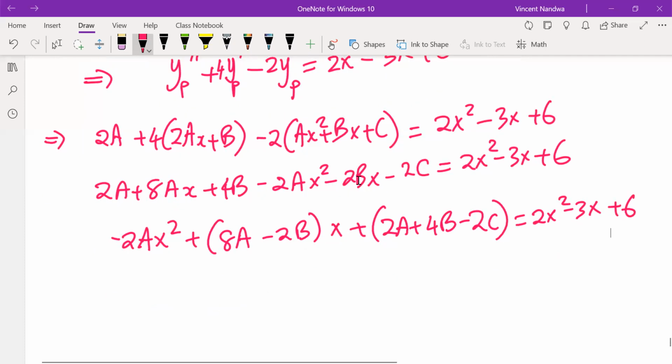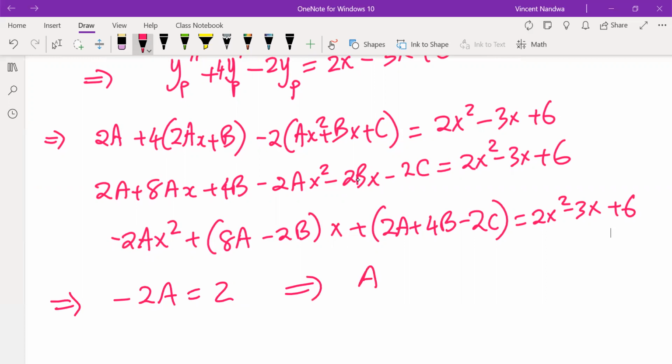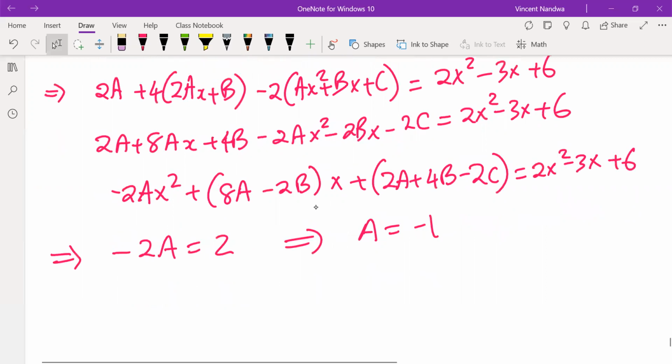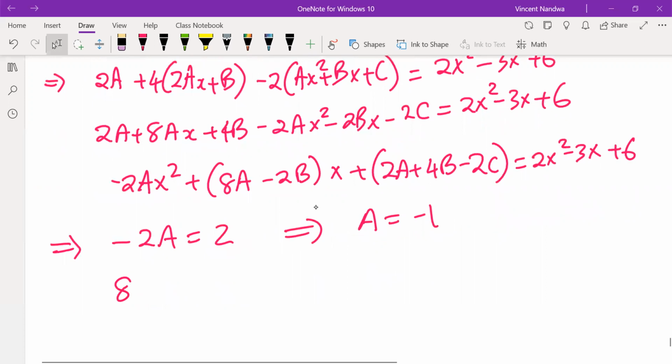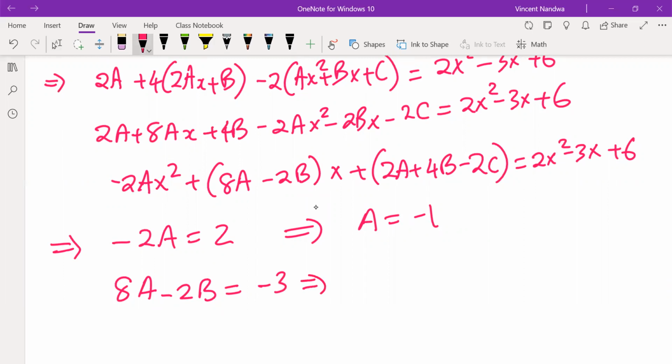So which means that minus 2a is 2, which implies a is minus 1. And then we are now comparing coefficients. The coefficient of x on the left-hand side is 8a minus 2b, equal to the coefficient of x on the right-hand side, which is minus 3. But a is minus 1, so we have 8 times minus 1 minus 2b equals minus 3.